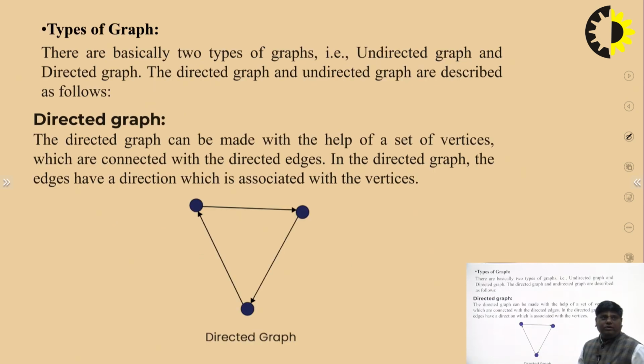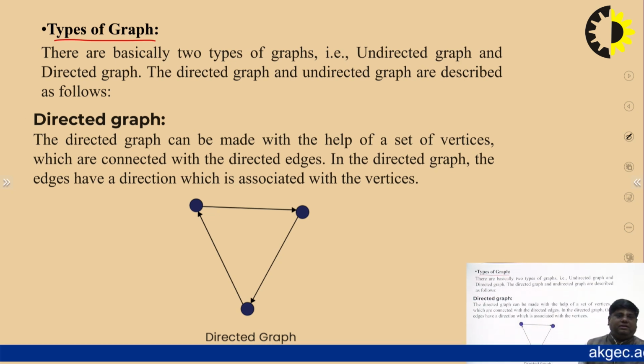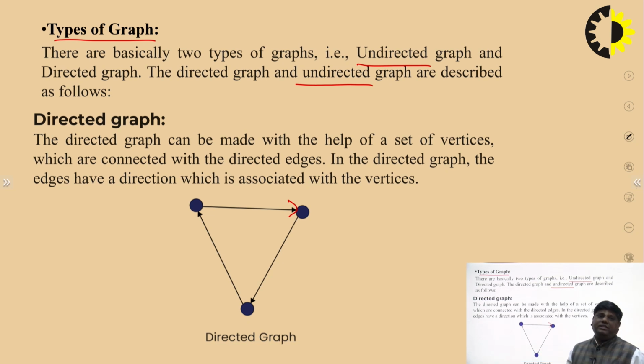Then we move to the different types of graph. Graphs are basically of two types. The first one is the directed graph. In a directed graph, the direction of the edges is given. And the second one is the undirected graph. What is a directed graph? That is very simple. If the direction of the edges is given, then that type of graph is known as a directed graph.